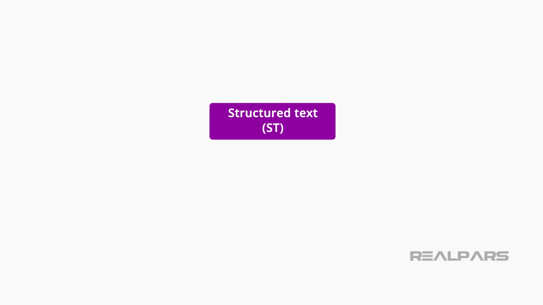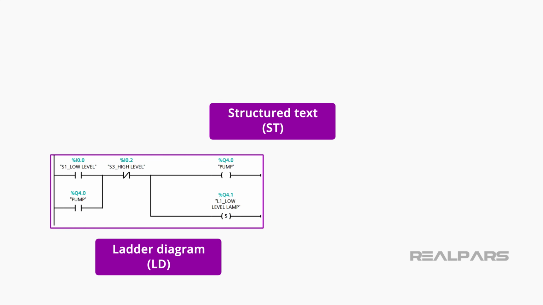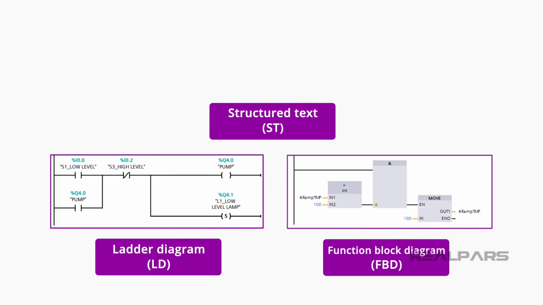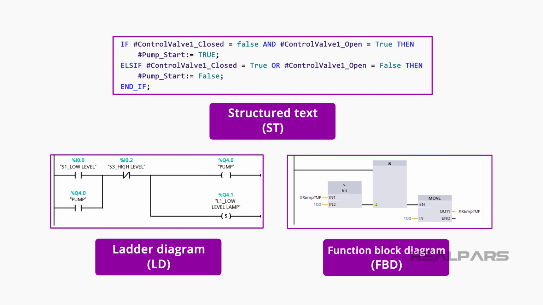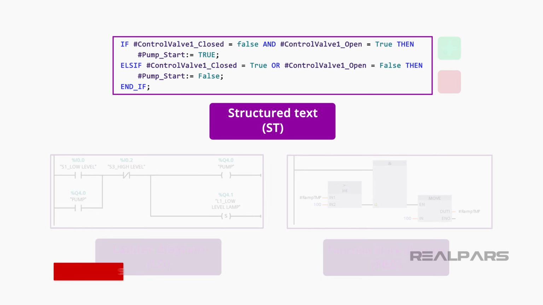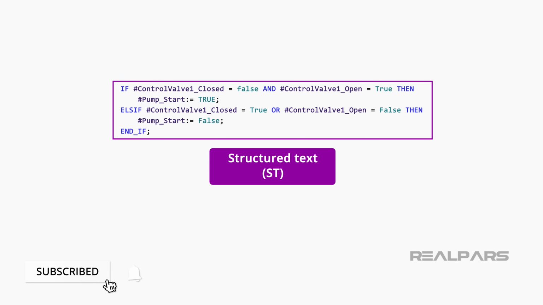Rather than being visual or graphics-based like ladder logic or function block diagram, structured text is just that, text. Like all programming languages, structured text has advantages and disadvantages. And there are also reasons you as a programmer might choose to use structured text in your next PLC programming project. So let's get right into it.